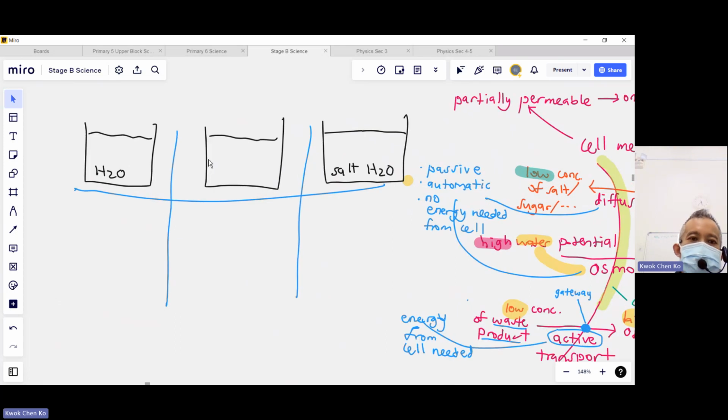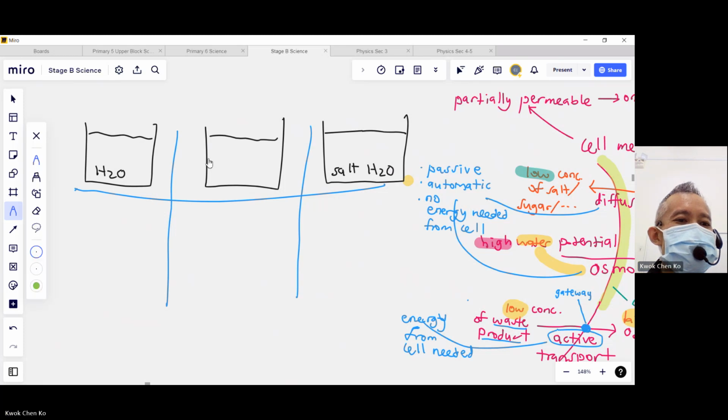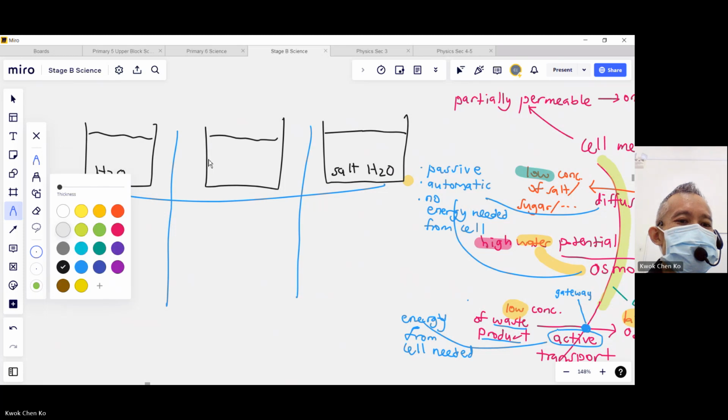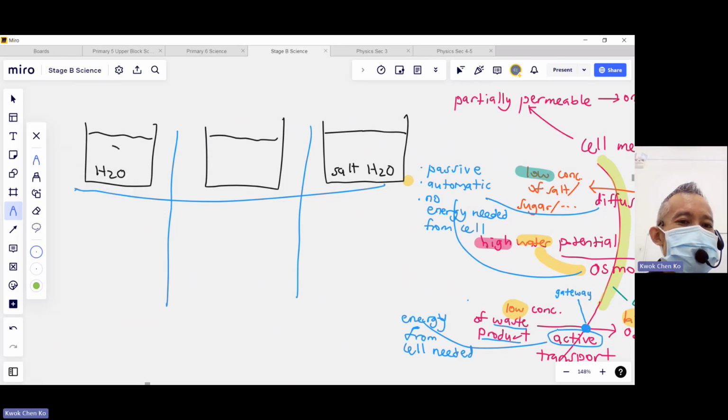Now inside each beaker, you put in a red blood cell or animal cell, any animal cell. You put in your cell here, but this one is special.